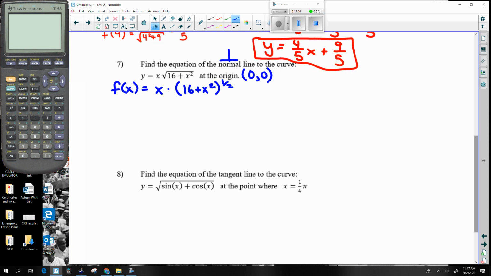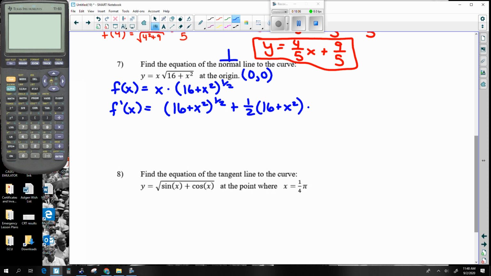So we need to find the slope of the tangent. So the f prime, this is going to be the product rule. So u prime v plus v prime u. So u prime is the x, that front x, which goes to 1. So u prime, 1, v, plus v prime, so that's the second part, that's the 1/2.